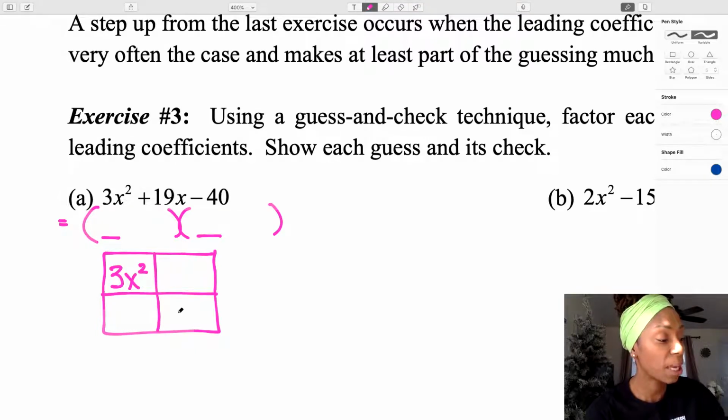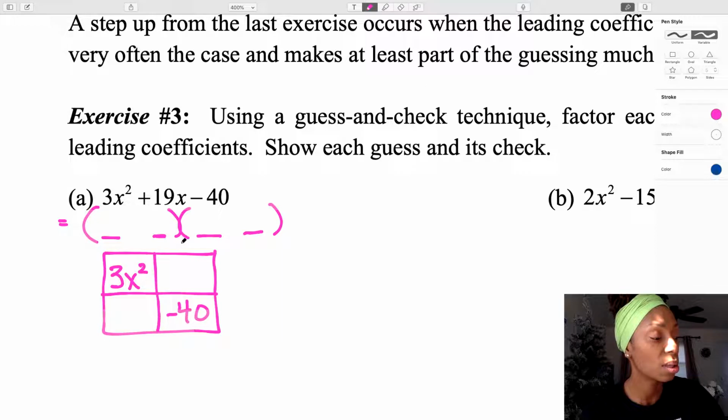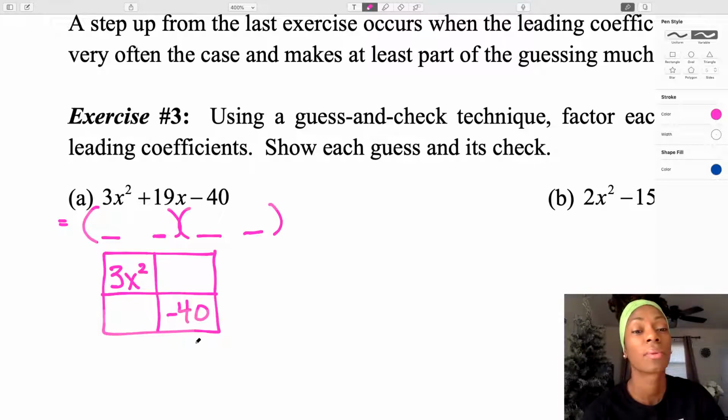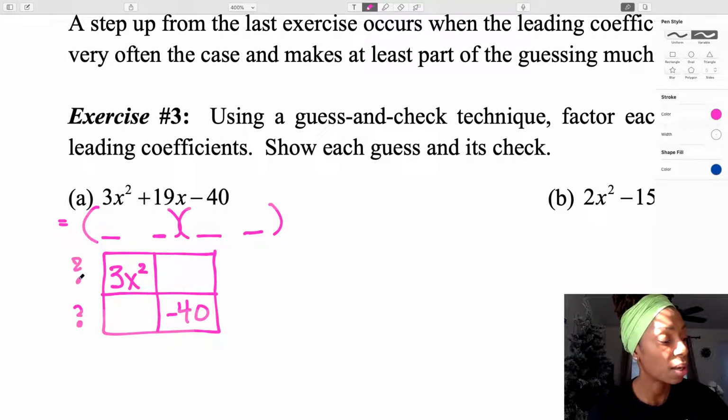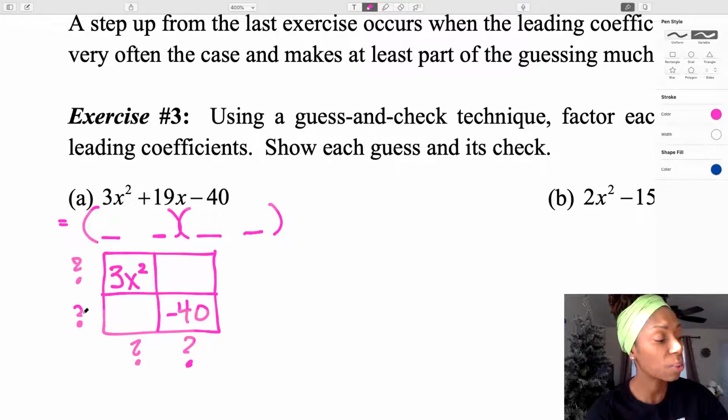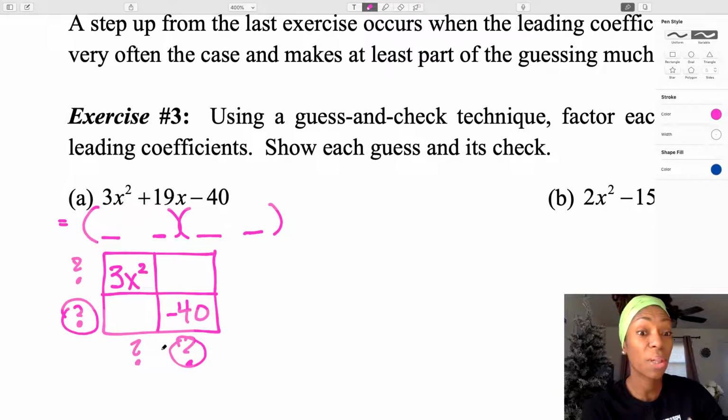This last term, negative 40, must go in the last box because the last two terms are what we would use to multiply to get negative 40. We would multiply this number by this number, right? Because that will give me the dimensions of this box, and that's what we're going to figure out.